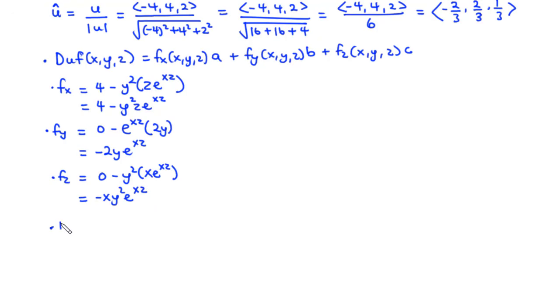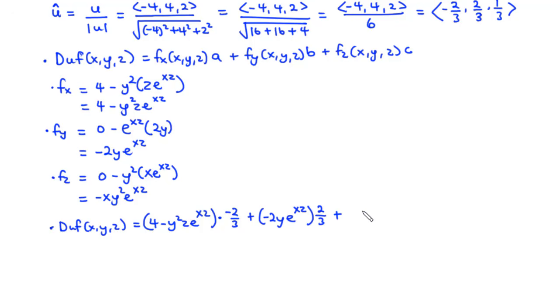Therefore we have Du f of x, y, z to be equal to, so fx, that is 4 minus y squared z e to the power xz, all times negative 2 over 3, that is a, and then plus fy, negative 2y e to the power xz, all times 2 over 3, and then plus fz, negative x y squared e to the power xz, all times 1 over 3.